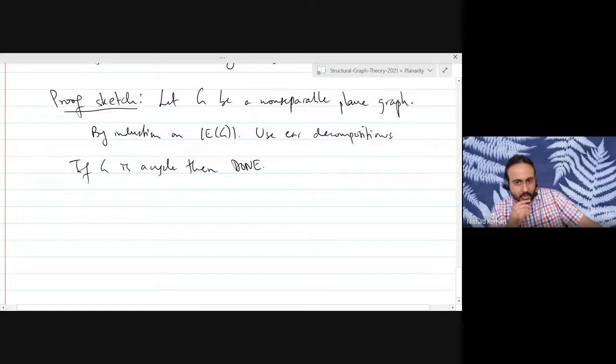So what if it is not a cycle? Then we know that there is an ear decomposition, but I won't even write that down, right? So the point is there is an ear that I can remove and get a smaller non-separable plane graph.